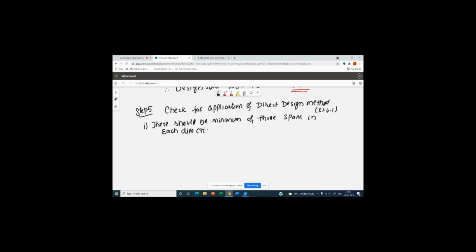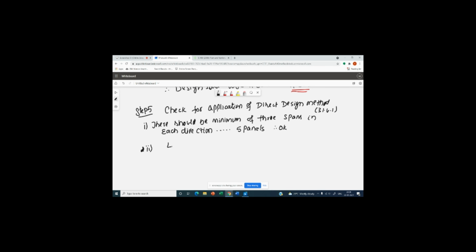In each direction, minimum 3. But right now, we have 5 panels. So this we have passed. This limitation we have crossed. Okay. Now what is the second?